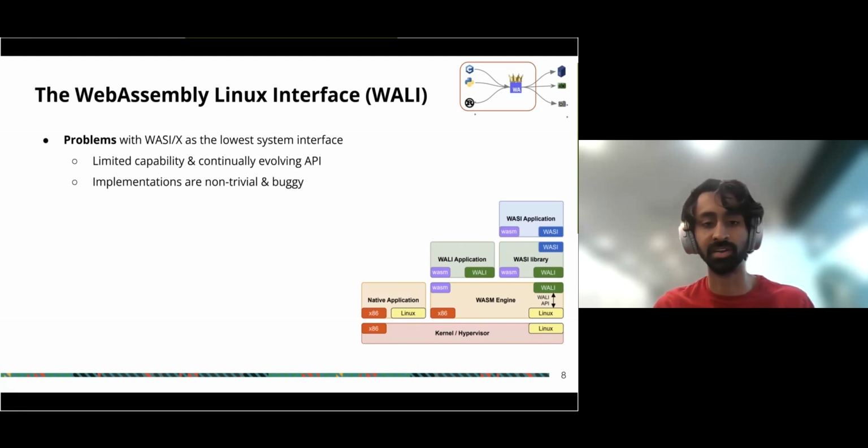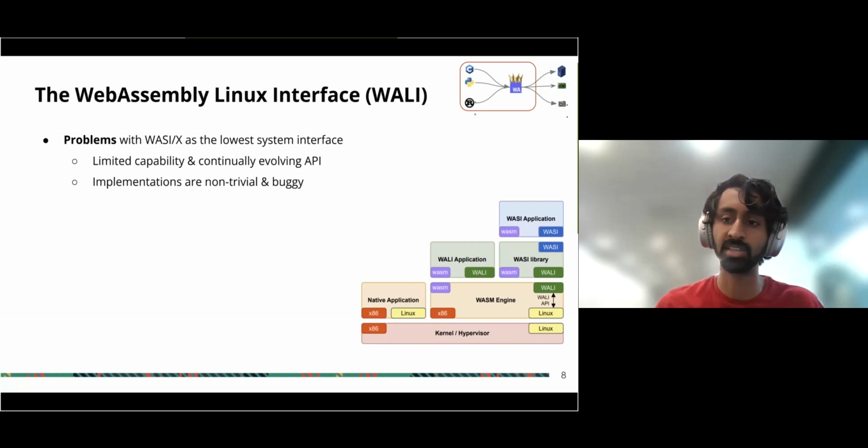And to also add on, the implementations of WASI are becoming increasingly complex, especially as we're moving to Preview 2 now. And they can be quite non-trivial and buggy. There's actually, I think, one paper, the WAVE paper, that talks about verifying WASI interfaces through formal verification, and they found a bunch of sandbox leakages through things like proc mem accesses and so forth.